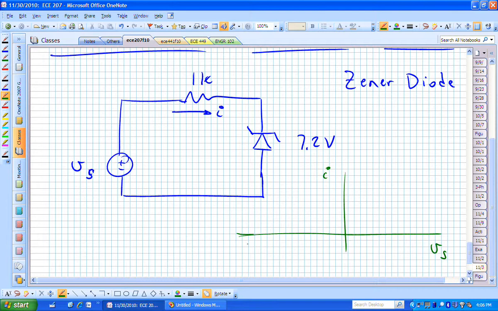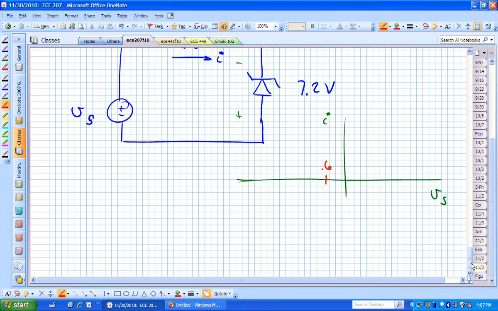Do you see that that's making this side more positive than that side of your circuit? If V sub S is big negative, then effectively that's like forward biasing this diode in the normal direction. The top is more negative than the bottom. In this case, it looks more like a conventional diode. It starts conducting at 0.6 volts.